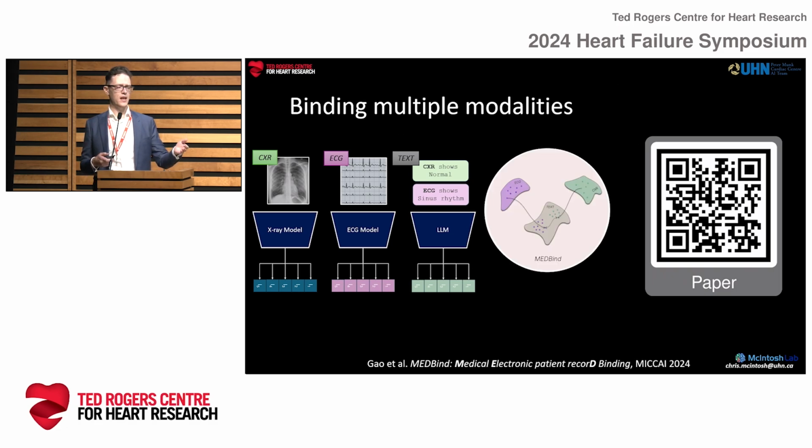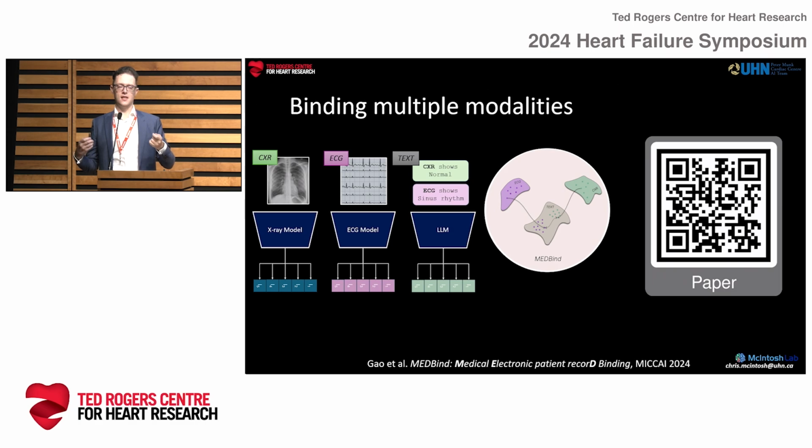And then what we can do is bind them all together to create one shared representation. Before, the idea was that we needed to learn a translator to go from what a vision encoder thought of an image to what a language model could understand. Now what we want to do is a little bit different. For this patient, we have an X-ray, an ECG, and a set of clinical reports. And now I want to see if there's a set of those little transforming models that can translate them all to a shared space, very similar to the UMAPs and the PCAs we were just looking at in the last talk.